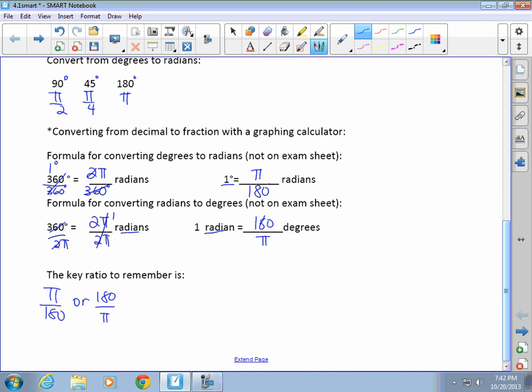is if the pi is in the question, so it's already in radians, and we want to put it into degrees, then we want to have the pi in the denominator so we can cancel.